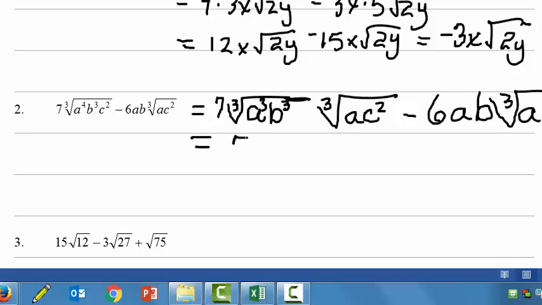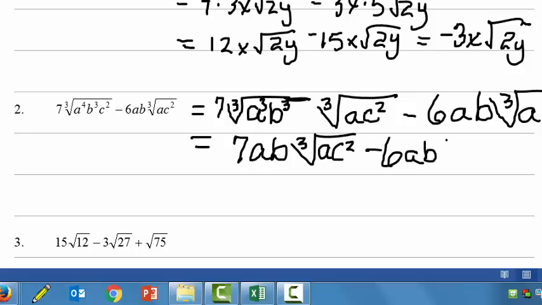So 7 times ab, which is the cube root of a cubed b cubed, times the cube root of ac squared, minus 6ab times the cube root of ac squared.